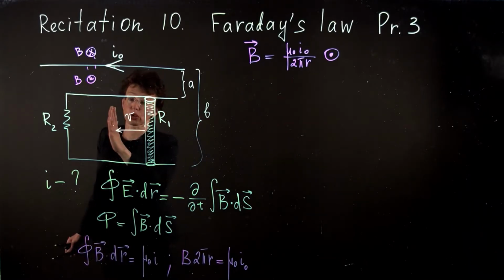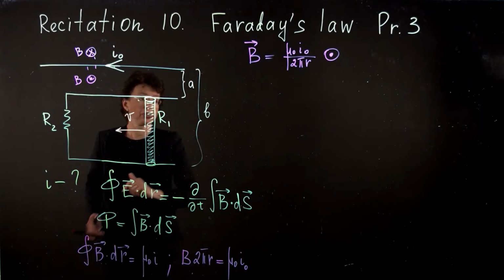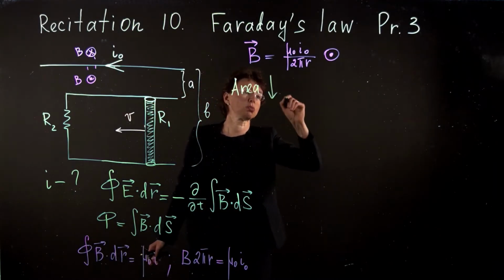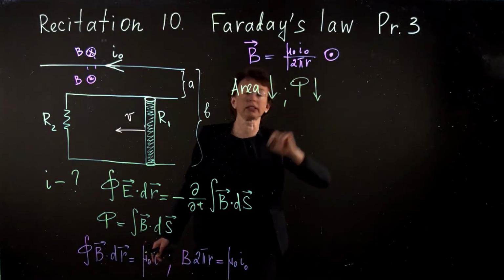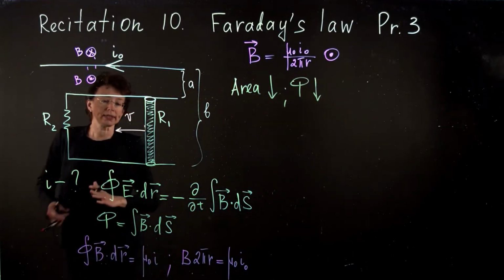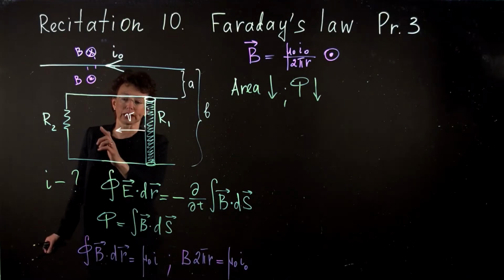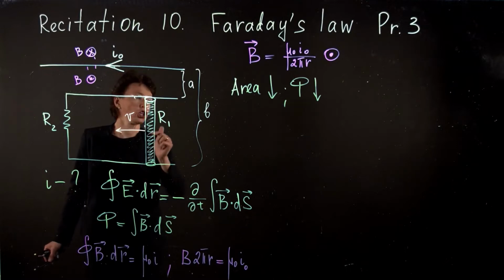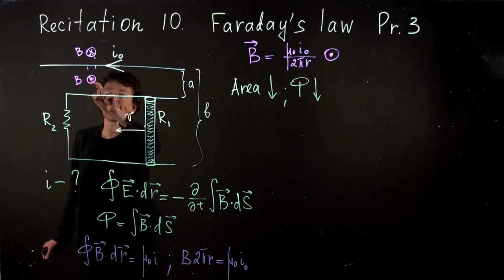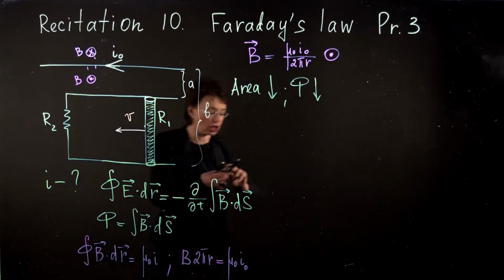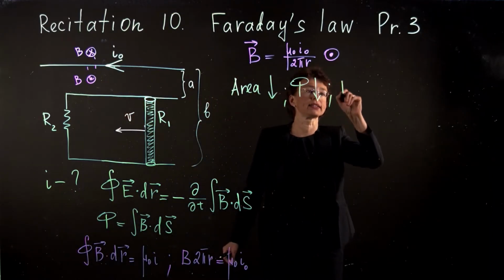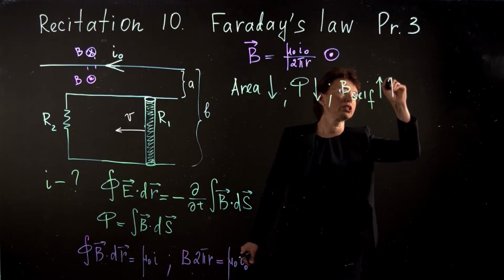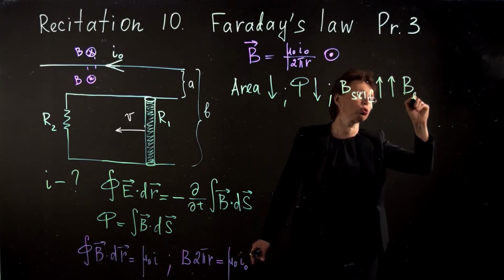When I move this rod, the area bounded by this loop decreases, which means that the flux decreases, which means that the self-induced magnetic field generated by the induced current should be in the same direction as the original one to oppose the change. Since flux decreases, B self-induced should be in the same direction as B external.